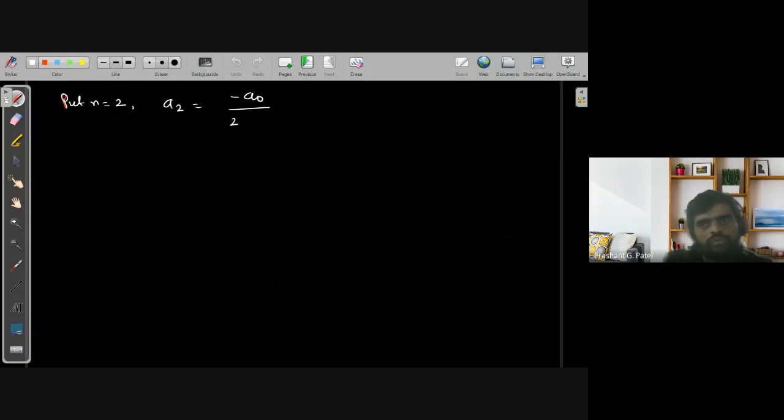That I can write as minus a0 upon 2 square, if I take 2 common, (p plus 1).